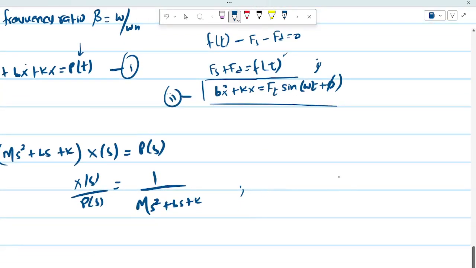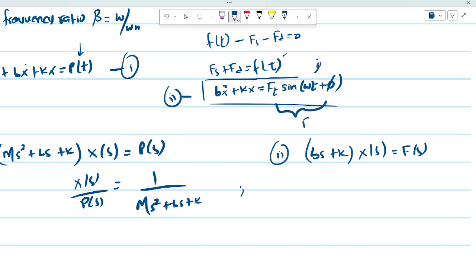So now we can write equation 2 as b s plus k into x of s equals f of s, whatever I just call it, this whole force, let's call it the transmitted force. So we can write x of s over f of s equals 1 over b s plus k.